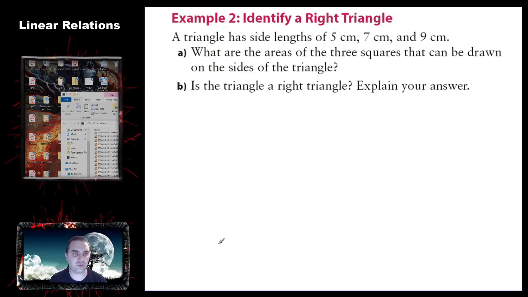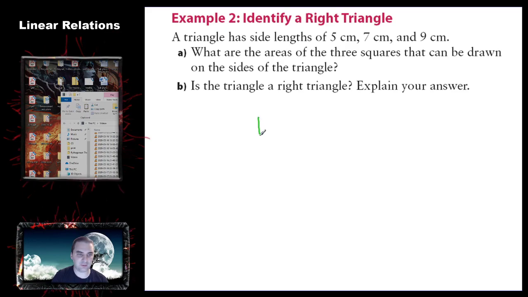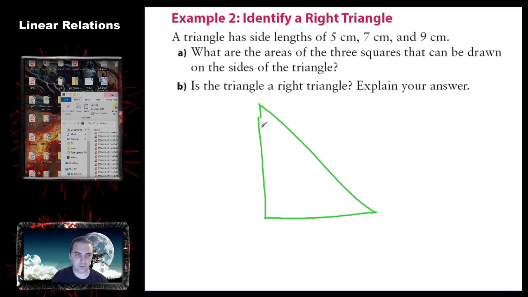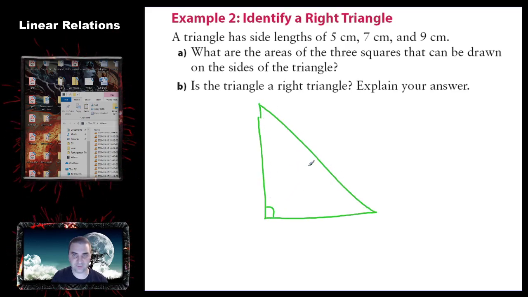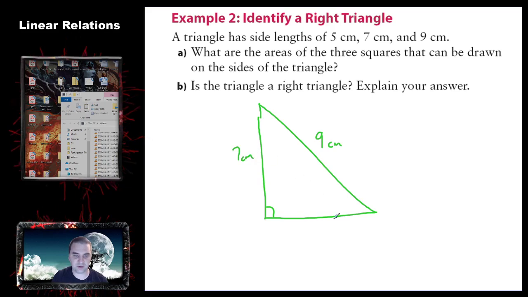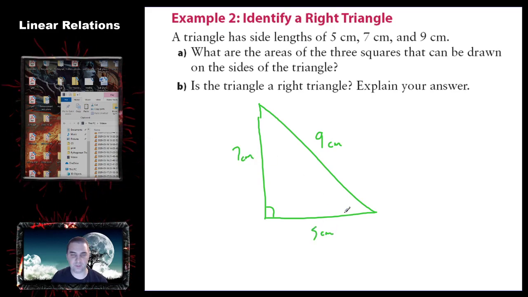Okay, triangle with side lengths of 5, 7, and 9. 9 is my biggest, so it'll be my hypotenuse here, 9 centimeters, and I'll say this one is 7 centimeters, and this one is 5 centimeters. The question is, what are the areas of the 3 squares that can be drawn on the sides of the triangle?